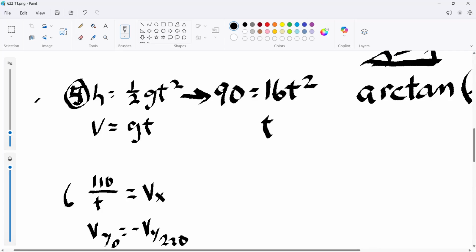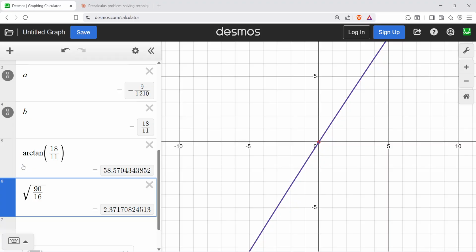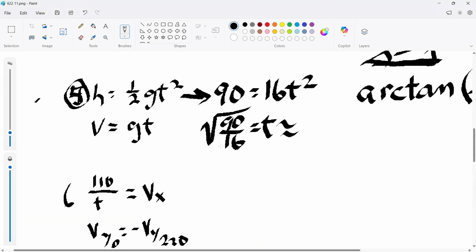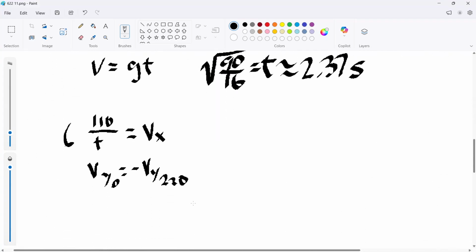And so t equals the square root of 90 over 16, which is the exact value, but it is approximately 2.37 seconds. So that's how long it takes to fall from its highest height.